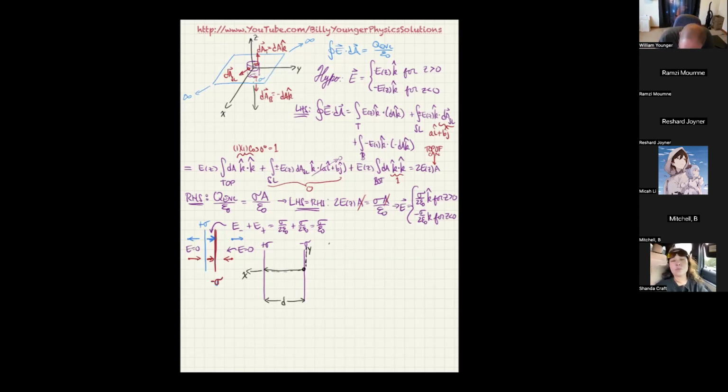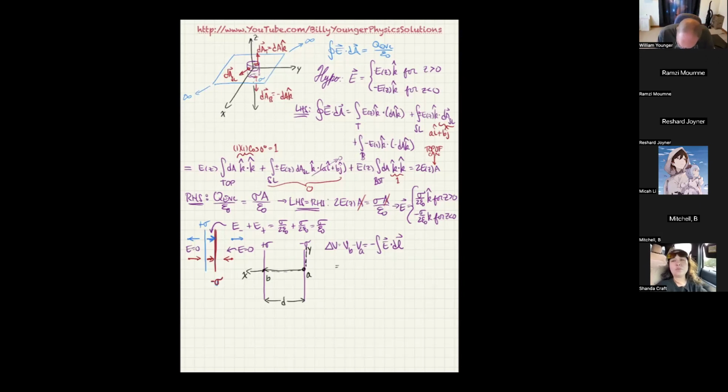So what we know is delta V, which is VB minus VA, is equal to the negative integral of E dot dL. That's that line integral. And just to make sure everybody knows what we're talking about, this is going to be a, and this is going to be b, lowercase.